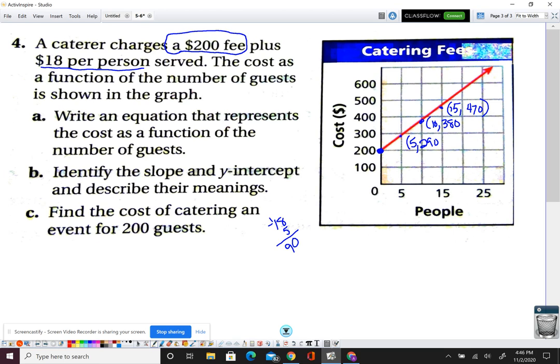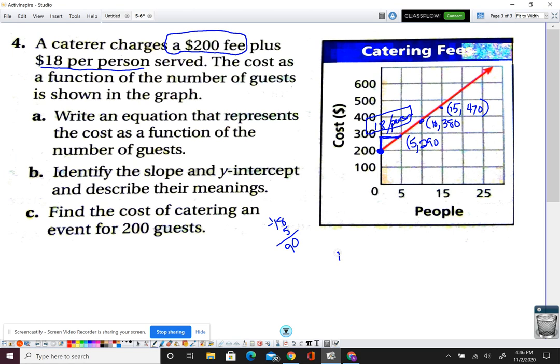Okay, so we have those points on this line along with the y-intercept of 200. Remember that 200 is that initial amount. The amount that we're changing with our rise and our run is our cost per person, which is $18 per person. That represents the slope of the line. So write an equation that represents the cost as a function of the number of guests.